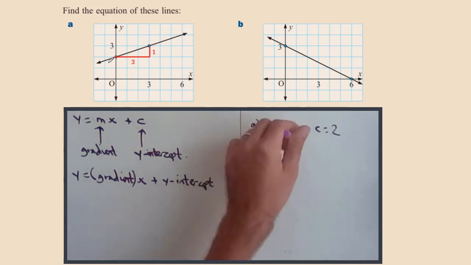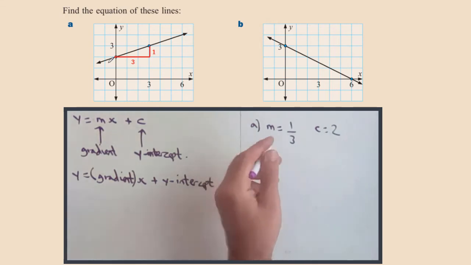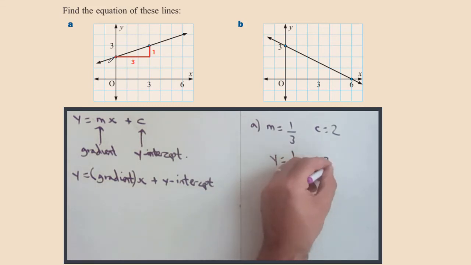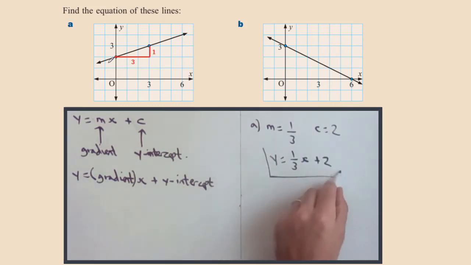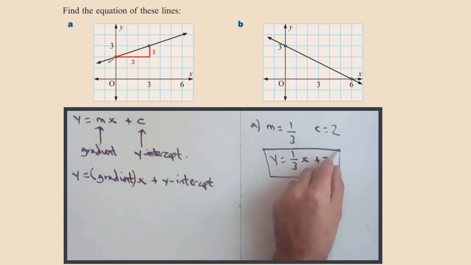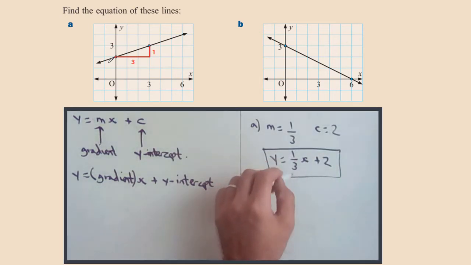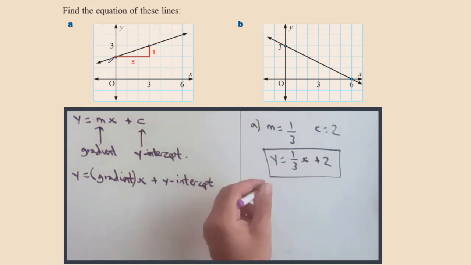M is a third, c is 2, y equals mx plus c. The equation is y equals 1/3 x plus 2, and that is already in a perfectly good form. It's a simplified fraction. There's no plus or minus or anything like that to worry about.